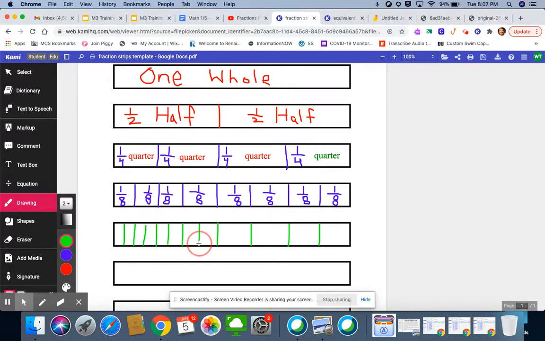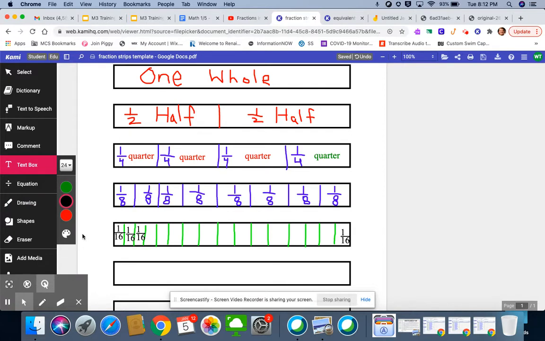So pause this video here and get this one into 16ths. Okay, so as you see, I've broken it up into 16ths, and you're going to write 1/16 in all of those different places there.